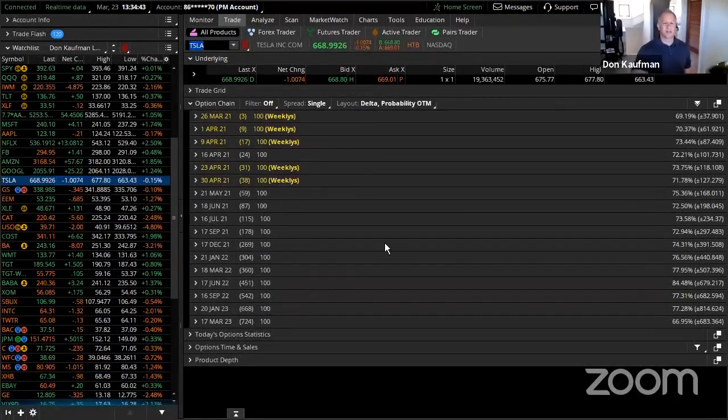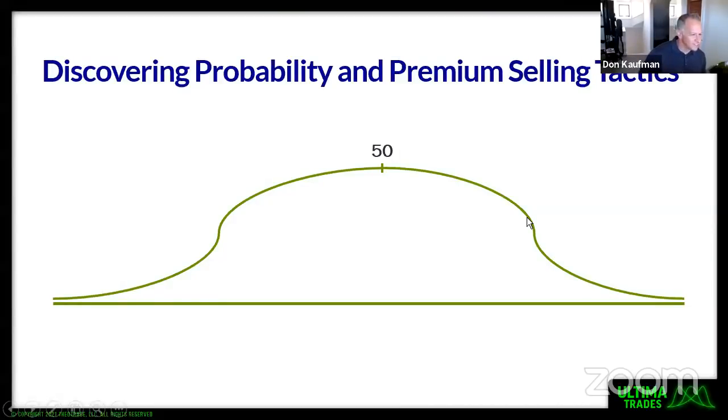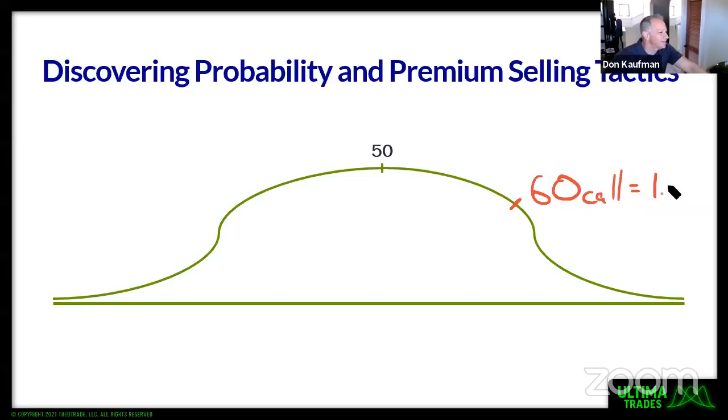Let's assume that you have a $50 stock. In my very first example, I want to teach the logic of selling premium. So we're going to look at a 60 call, and the 60 call is going to be trading for exactly $1, good for 30 days.